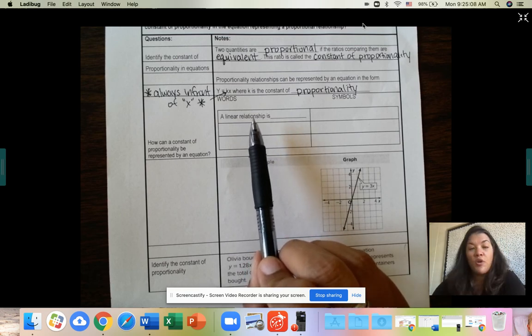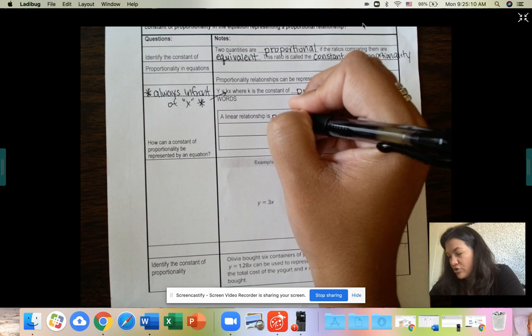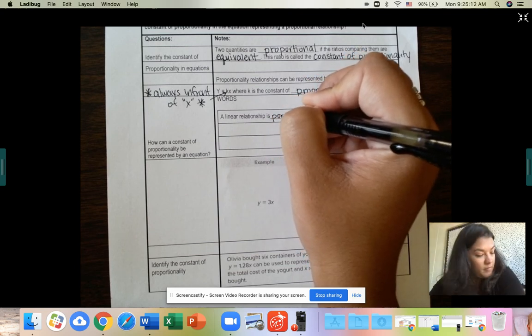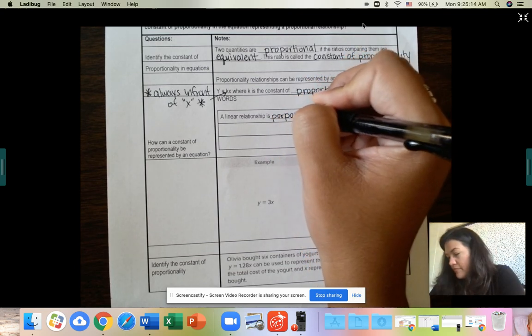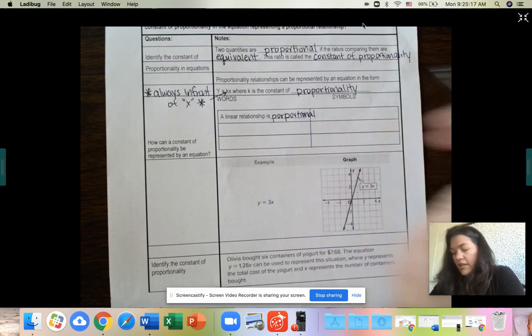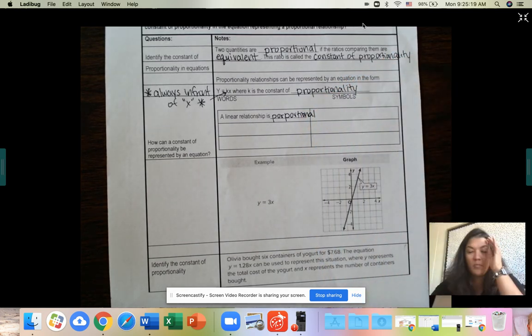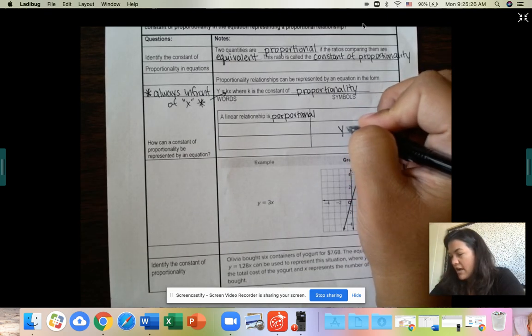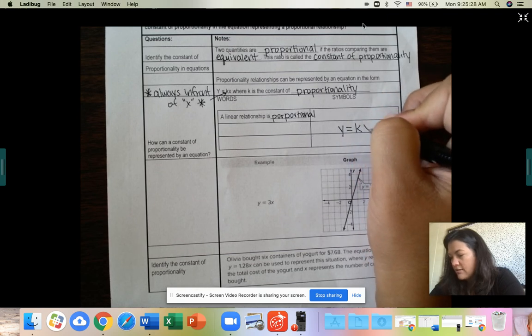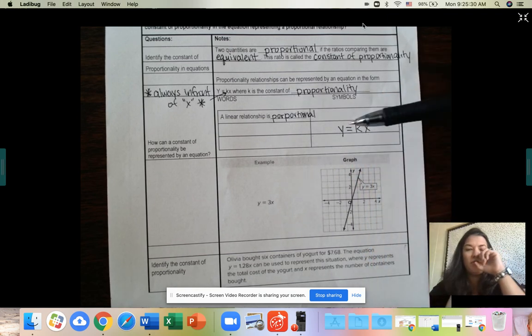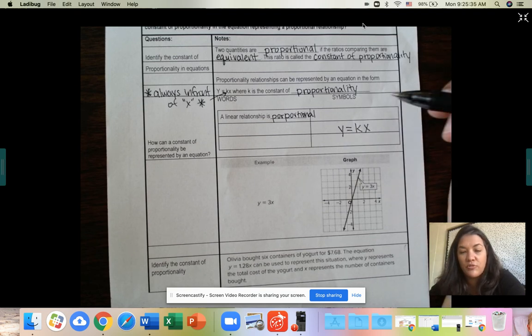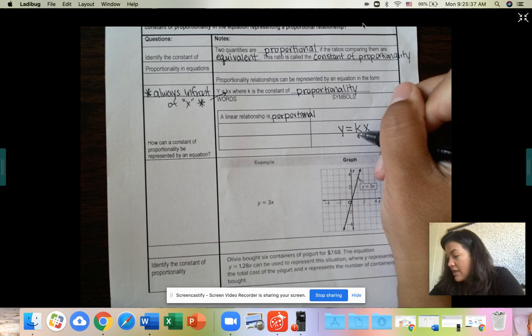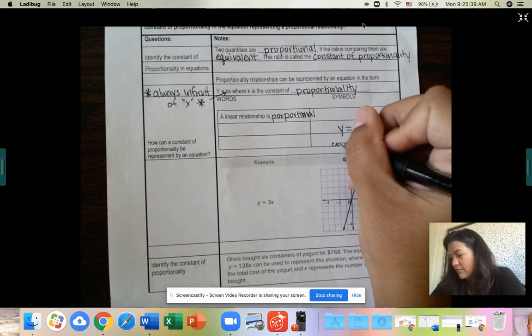A linear relationship is proportional. And so every linear relationship that you're going to look at is going to have that equation y is equal to kx. We can come back and fill in a couple of other things in our notes, but again, the main thing for you to remember is k is the constant of proportionality.